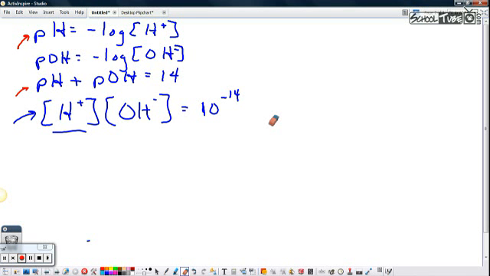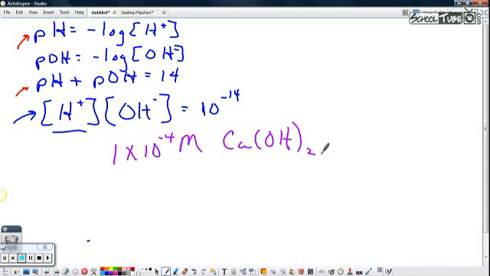It says determine the hydronium and hydroxide ion concentration in the solution that is 1 times 10 to the minus 4 M. All right, so 1 times 10 to the minus 4 molarity, and it's CaOH2. That's the concentration of the chemical.